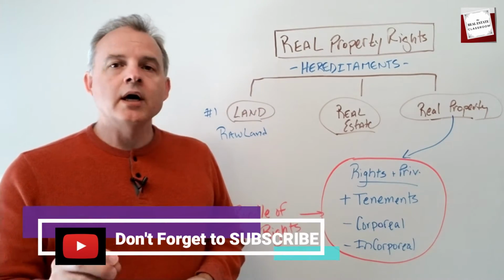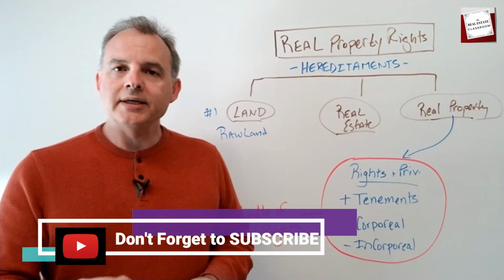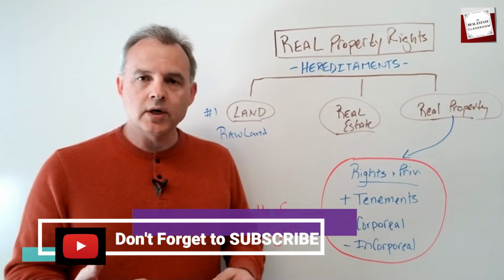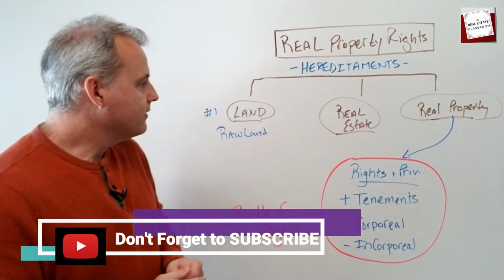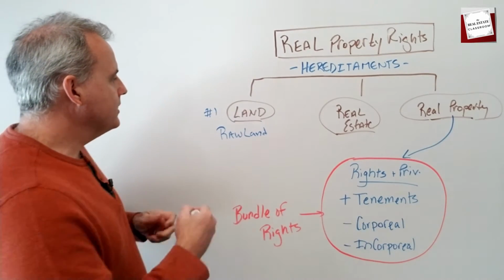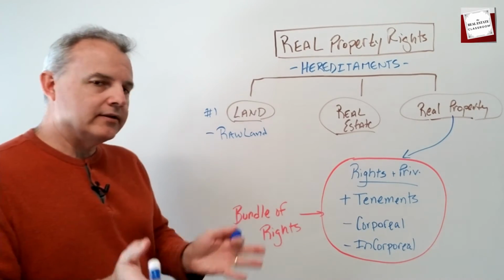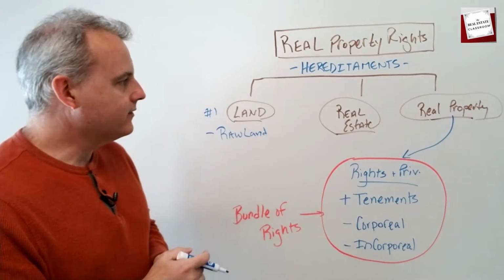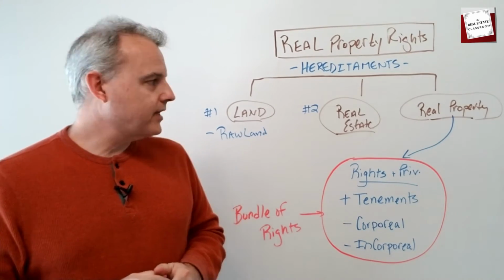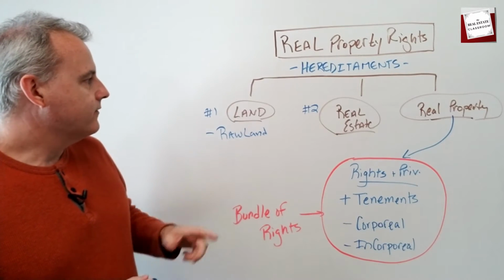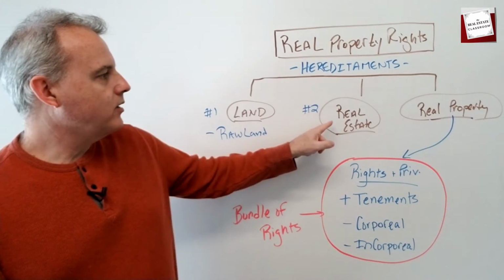Now, we know that the government, for example, has placed some restrictions on what you own and what you can do with that. But the fact of the matter is, raw land includes boundary lines all the way to the center of the earth extending into the heavens. Now, the second classification is real estate. The first one was land. The second one is real estate.